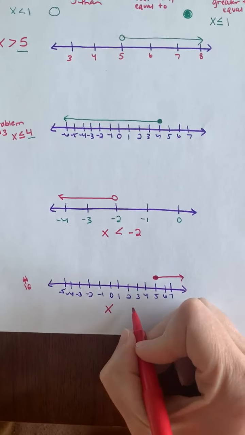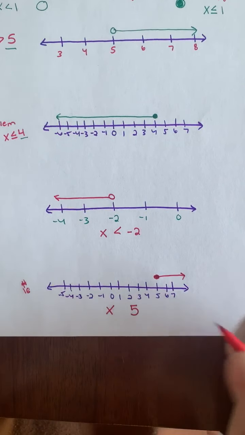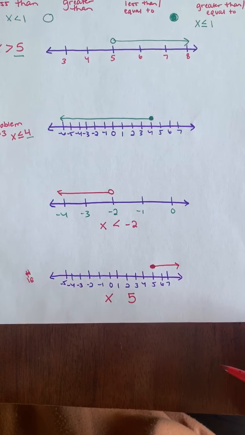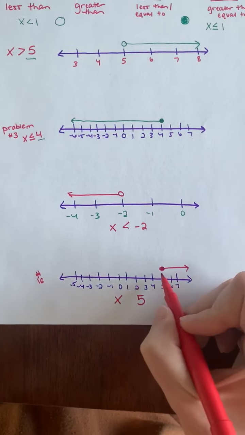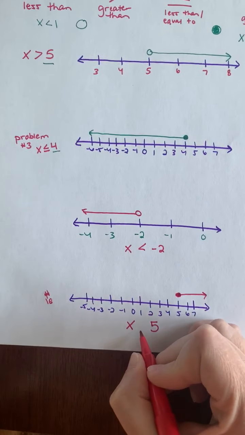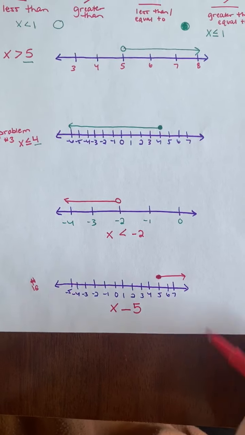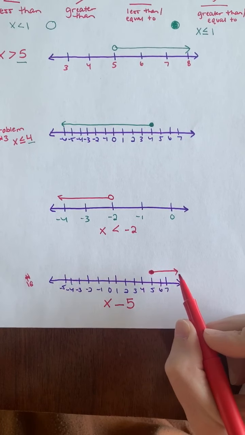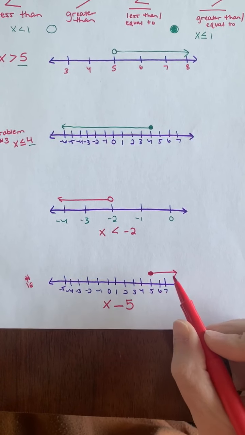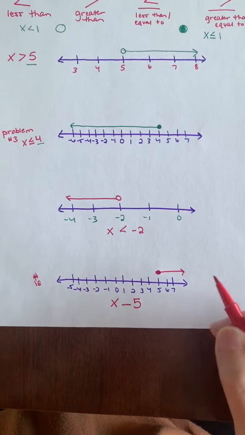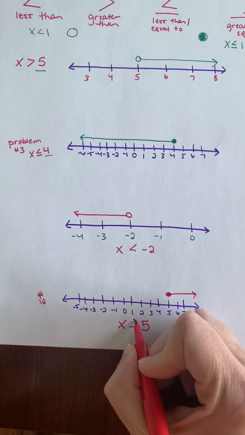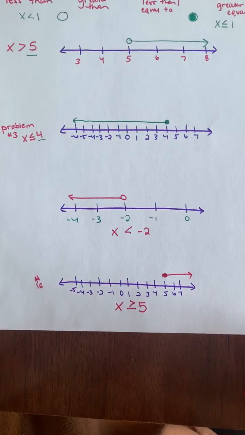I know that 5 is going to be my constant. This time I have a closed in circle, so I know it's going to have the equal sign with it underneath. And it's going to the right. It's showing me that the numbers are going to be bigger than 5. So x is greater than or equal to 5.